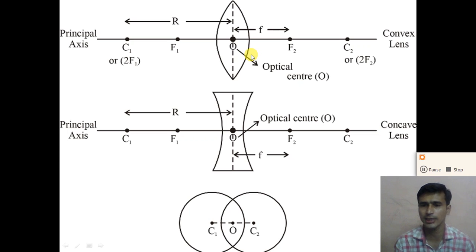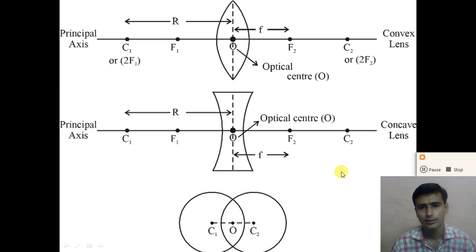Or we can say that the distance between the optical center and the center of curvature is called the radius of curvature R, right? So a lens has two radii of curvature, two centers of curvature, and two principal foci. Understand here all the definitions regarding the lens.